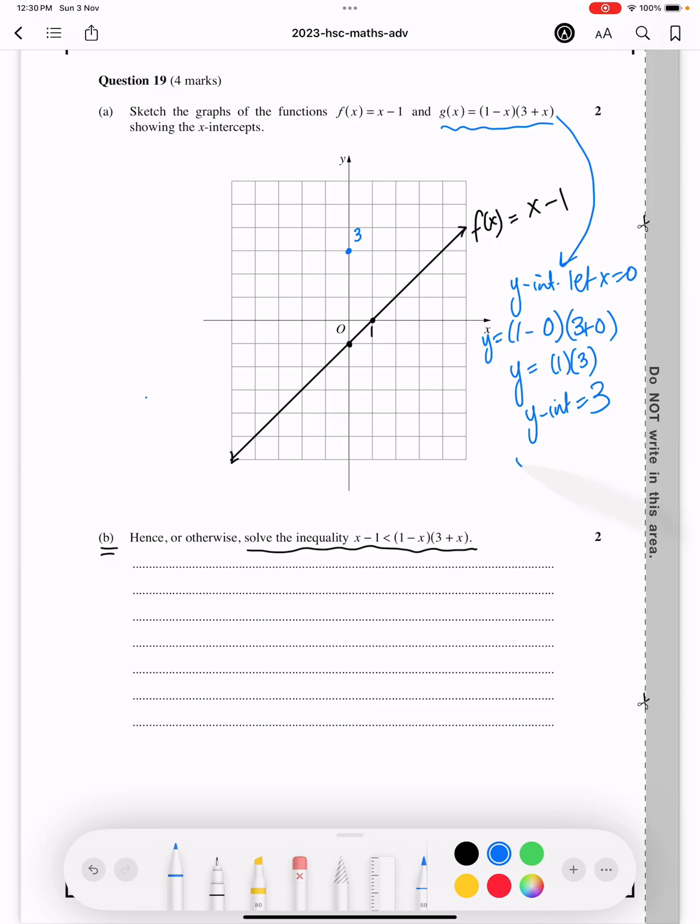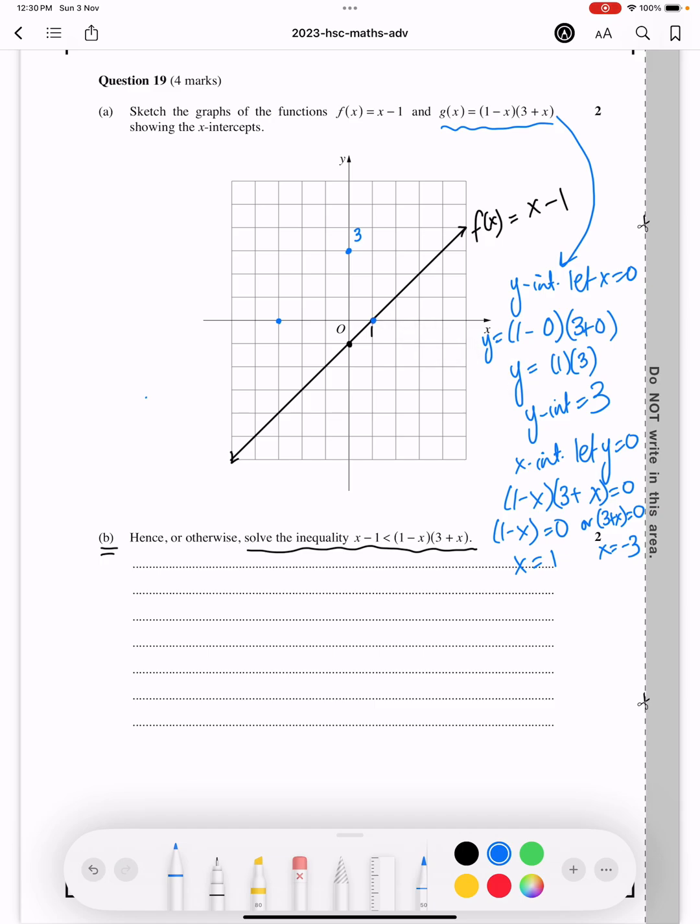Now let's go ahead and find our x-intercepts. In order to do that, we let y equal 0. So that is 1 minus x, 3 plus x equals 0. And so we get 1 minus x equals 0, or 3 plus x equals 0. And so we get x equals 1, or x equals minus 3. And so minus 3 is going to be here, and 1 is going to be here.